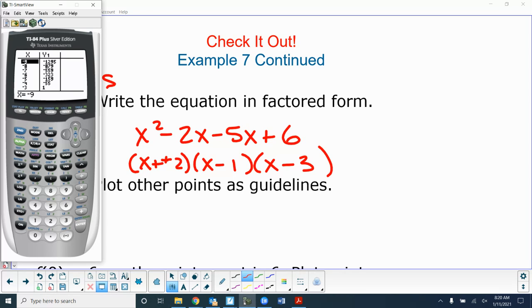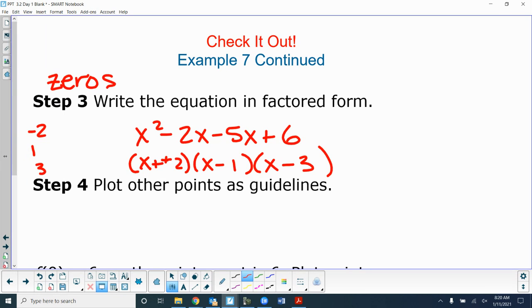Doesn't look like it there. So when you're looking for zeros, you went from a negative to a positive again, so it crossed the x-axis again. So there's another 0. You can find it on your calculator. It will find them for you if it's not in the table.